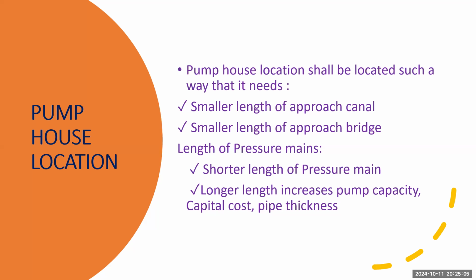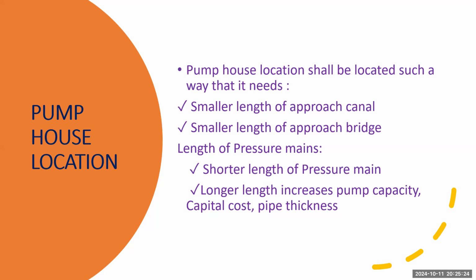Then the length of pressure mains. The pressure mains or rising mains should be shorter in length. If they are longer, it increases the capacity of pumps, which results in an increase in the capital cost.